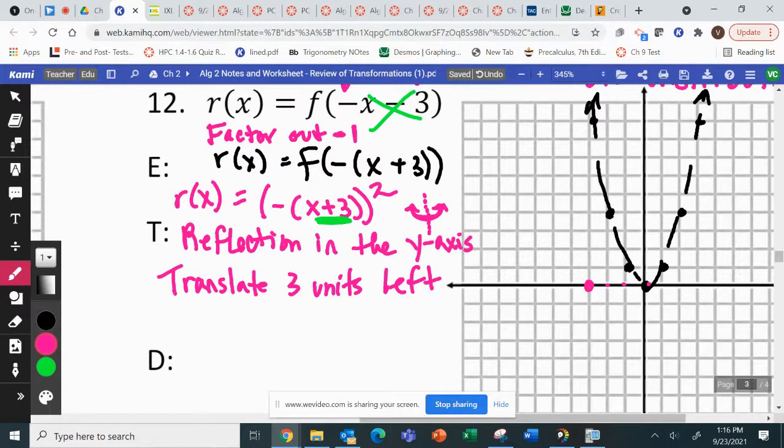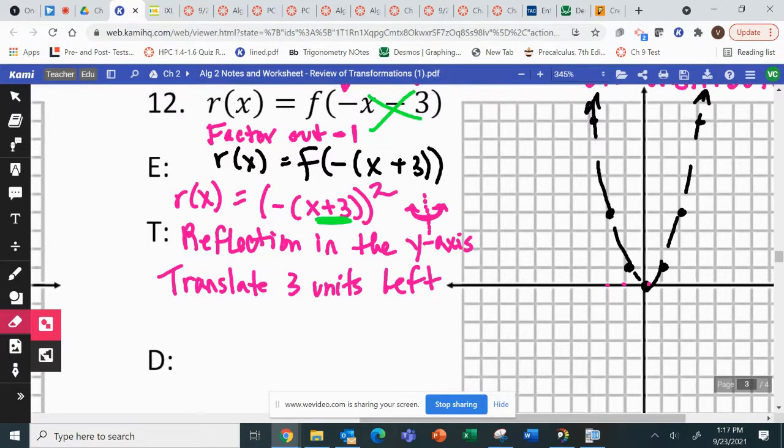Sorry, I got to stand up for this. We're going to first reflect in the y-axis. So here's my parabola. I got to be human parabola here. If I reflect in the y-axis, that's left and right. So if I reflect in the y-axis, what happens to my parabola? It's exactly the same place. And then we're going to move to the left 3. So I already did the reflection.